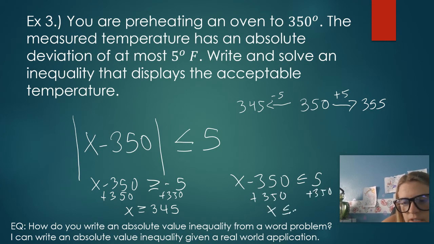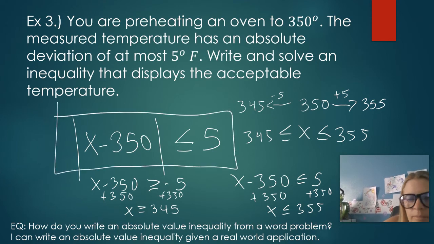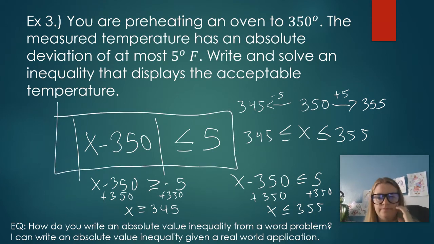So x is going to be less than or equal to 355. So it's going to be in between this range. So your numbers have to be between 355 and 345. So this is how you would set it up, and here is your answer.